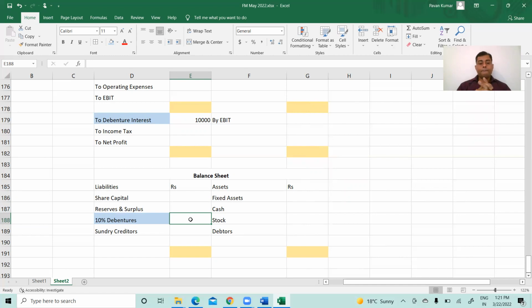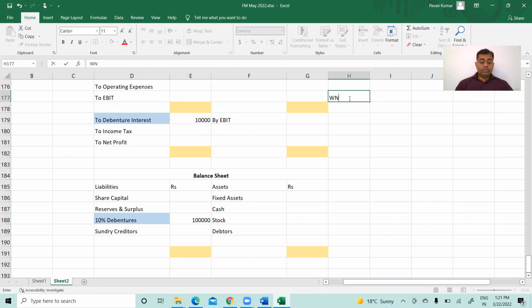Debenture capital is 1 lakh, sir. Excellent. 1 lakh into 10%, you will get 10,000. So this will be our working note one. Debentures is equal to interest divided by interest rate, that is 10,000 divided by 10%, which is 1 lakh. Step one, all of you understand?